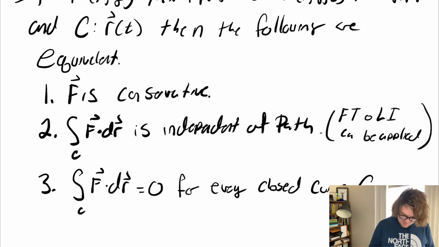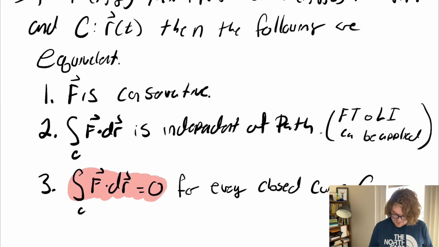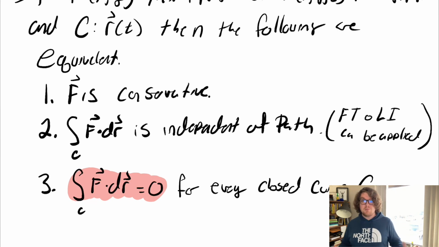So this is one way to show that you have a conservative vector field. Granted, it's a very difficult way, but you could do it potentially.